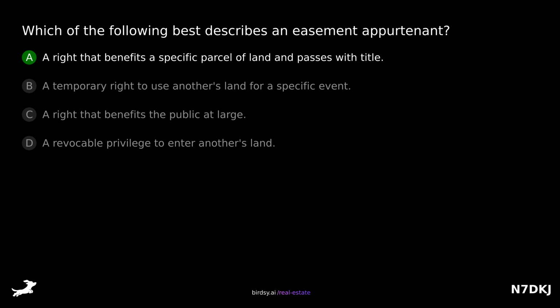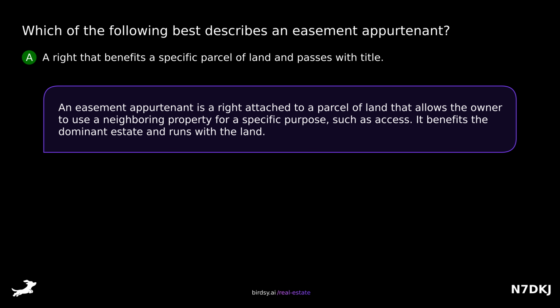The correct answer is A, a right that benefits a specific parcel of land and passes with title. An easement appurtenant is a right attached to a parcel of land that allows the owner to use a neighboring property for a specific purpose, such as access. It benefits the dominant estate and runs with the land.